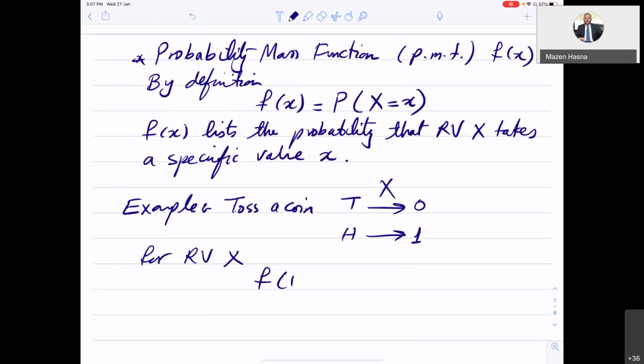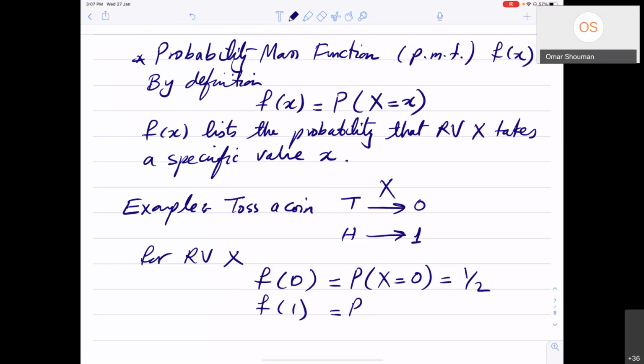F of 0, according to the definition, is the probability that x equals 0, which means the probability that I will get a tail, which is what? 1/2. And then I have f of 1, the probability that x equals 1, which is 1/2.